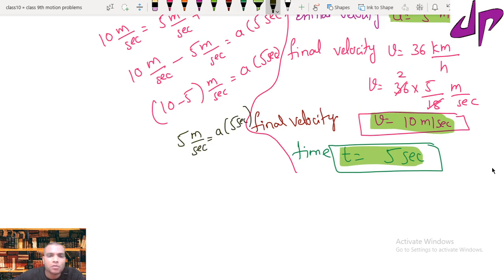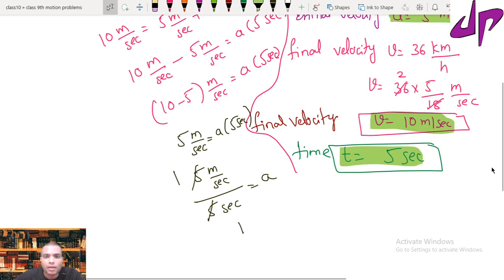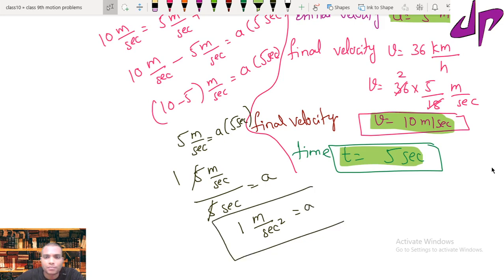You bring this value to the denominator. Finally I get 5 meter per second upon 5 second equal to acceleration a. 5 gets cancelled, the value equal to 1. The final answer is 1 meter per second square equal to acceleration.